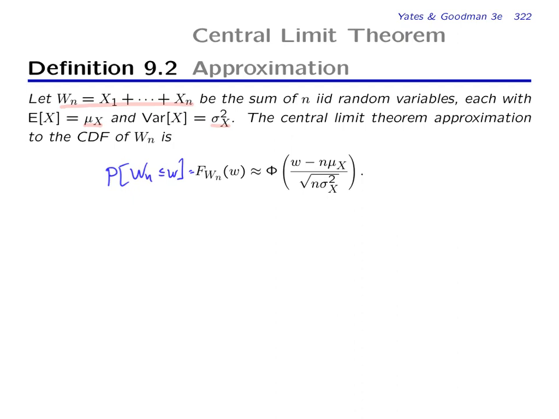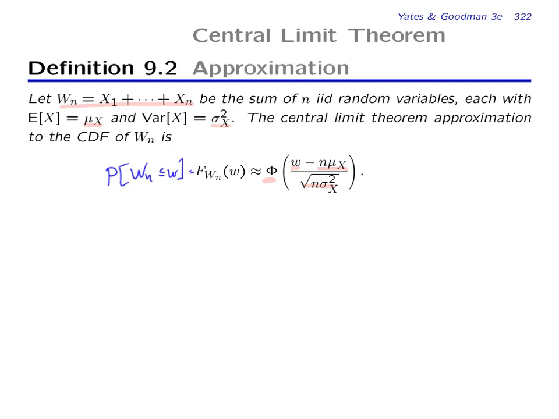And our central limit theorem approximation is to say that this is approximately the Phi function evaluated at w minus the expected value of the random variable W_n, divided by the standard deviation of W_n.